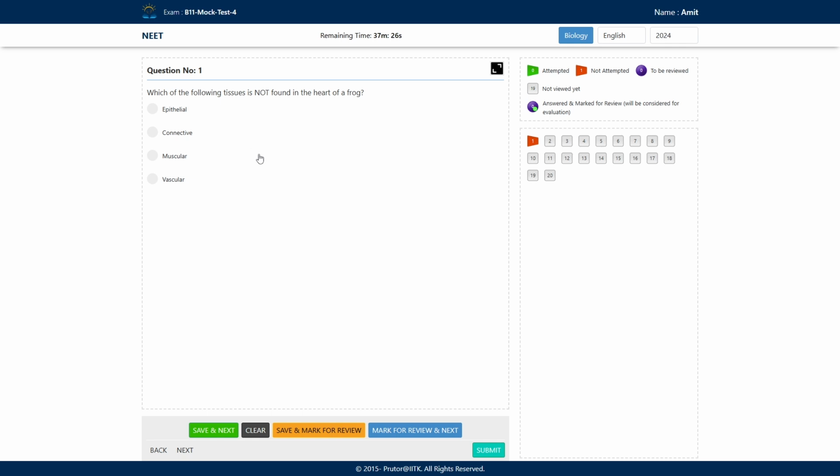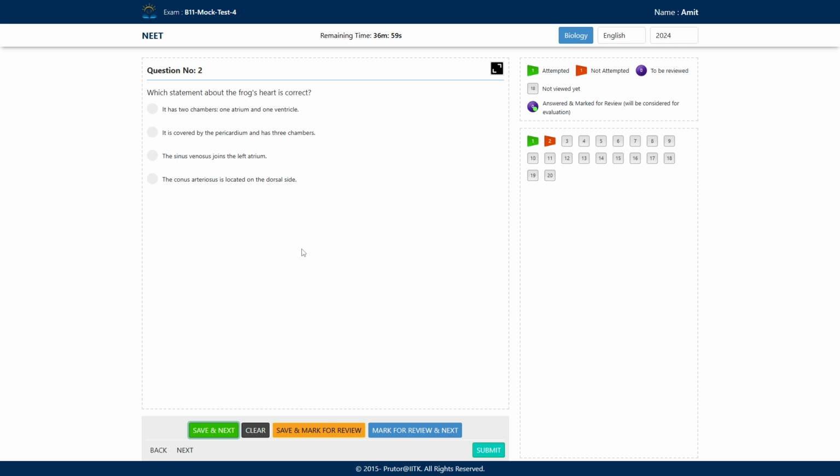The correct answer is epithelial tissue. The heart has connective tissue, muscular tissue, and also vascular tissue, but it does not have epithelial tissue. So we will opt for the first option, save, and move to our next question.